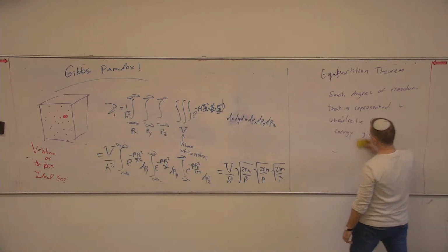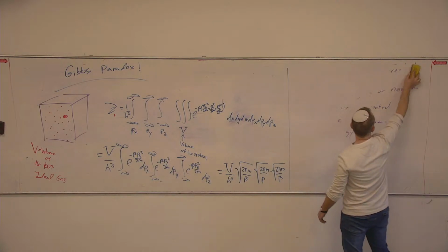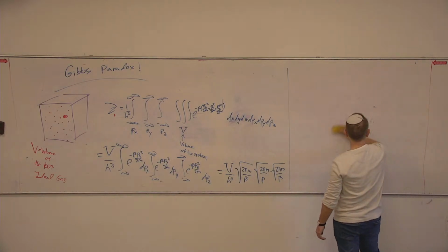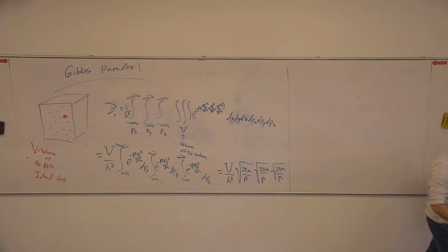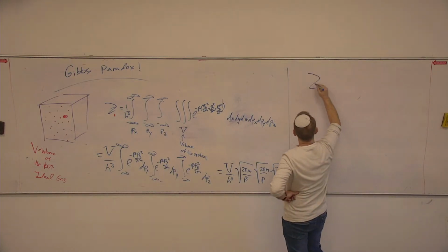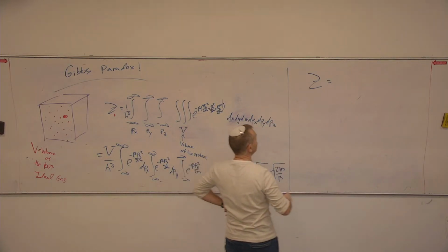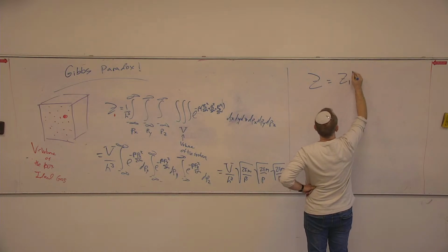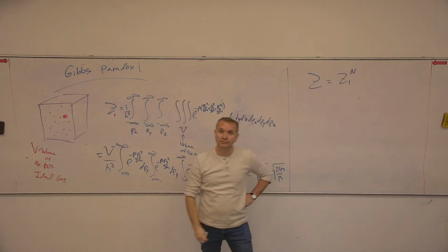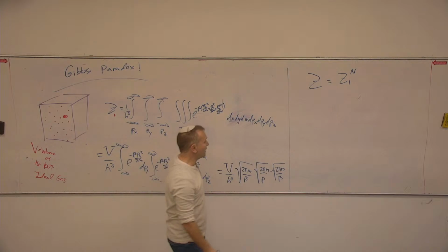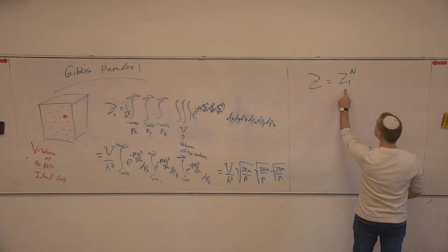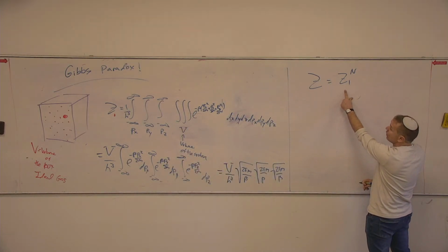Okay, so you have Z1. Now you do the following thing. What is Z? According to what we've learned before, it is just Z1 to the power N. Okay, so it's Z1 to the power N. We know this.